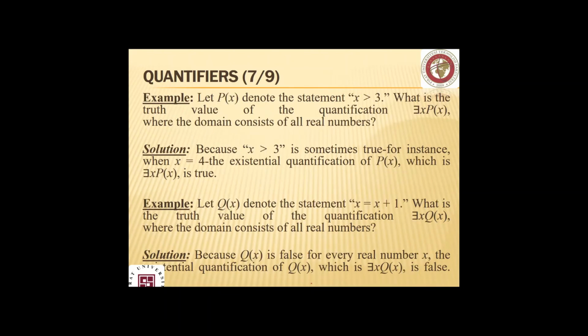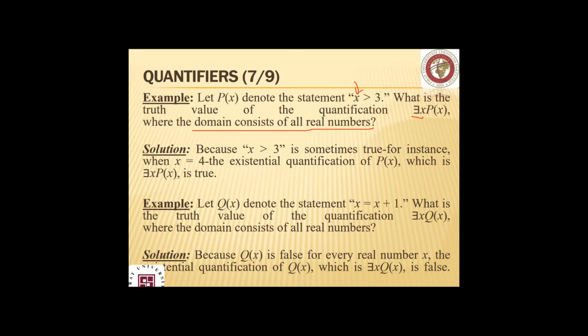All right. Let's take some examples. Let the predicate P(x) be x greater than 3. What is the truth value of the quantification: there exists a value x such that P(x) is true? Well, the domain consists of all real numbers. Do we have any value that, if we substitute it for x here, makes the whole predicate true?